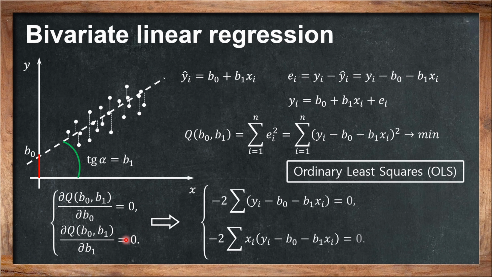It would look like this. You see, minus 2 sum, and in the parentheses we have y sub i minus B0 minus B1 x sub i. That's nothing difficult, it's just the partial derivative of this function on B0. And then the second one, the same for B1.